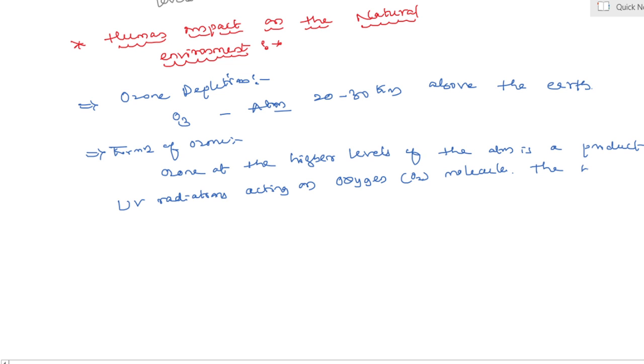The high energy ultraviolet radiation splits apart some molecular oxygen, O2, into free oxygen atoms.